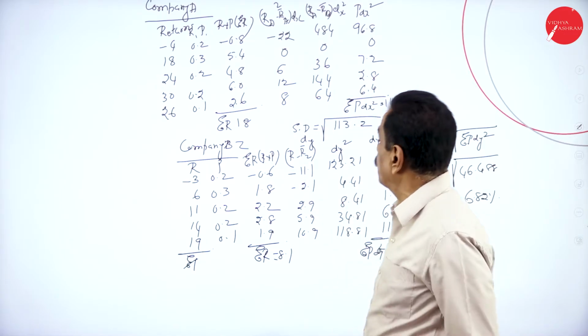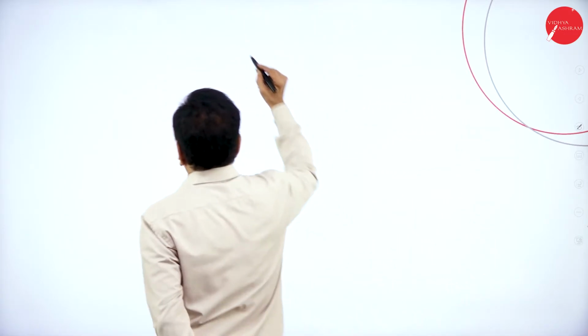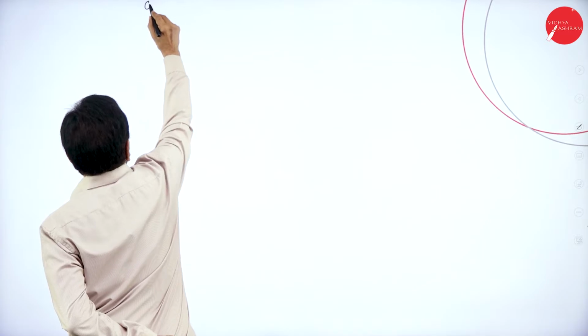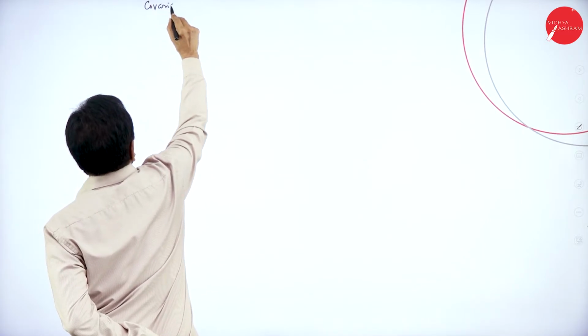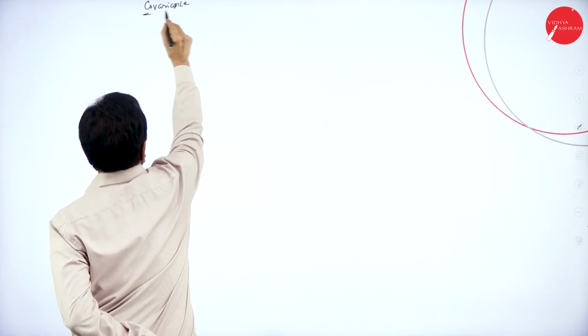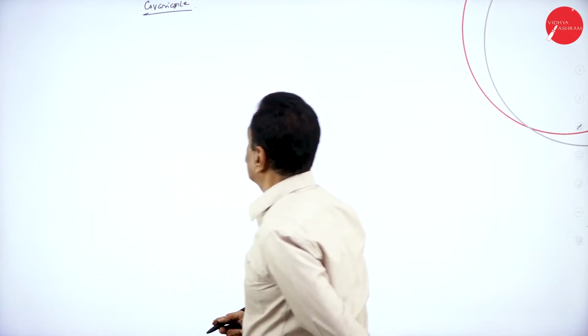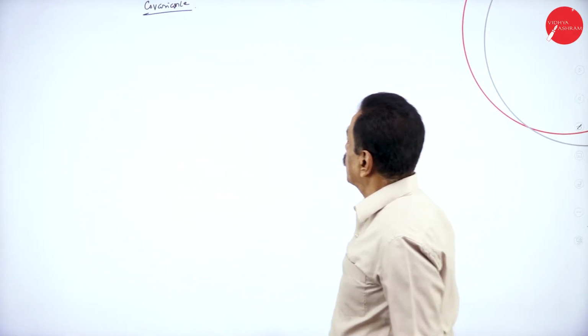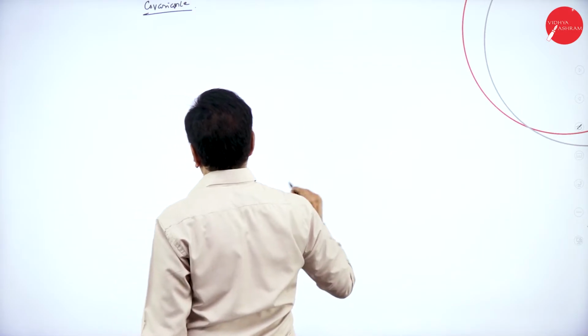Then we'll move on to covariance. Covariance: P into dx dy.